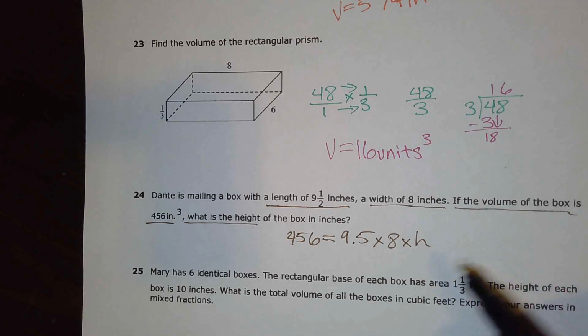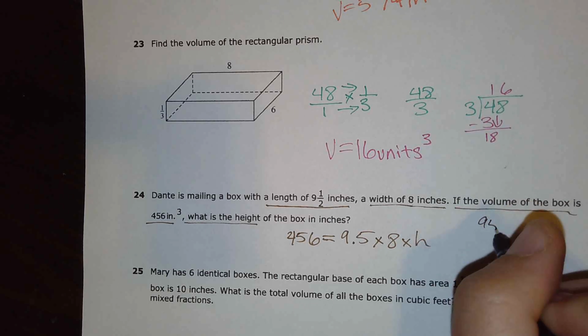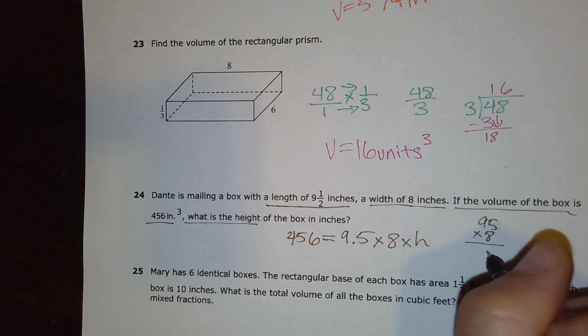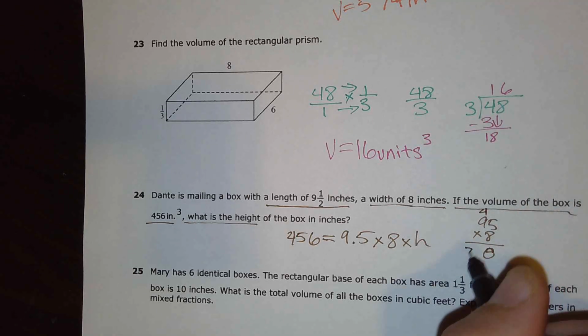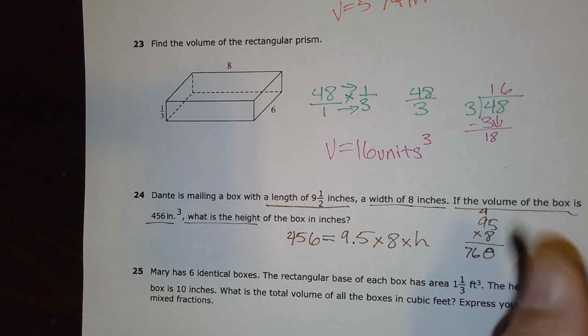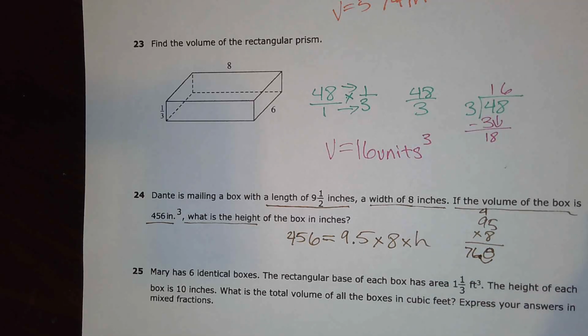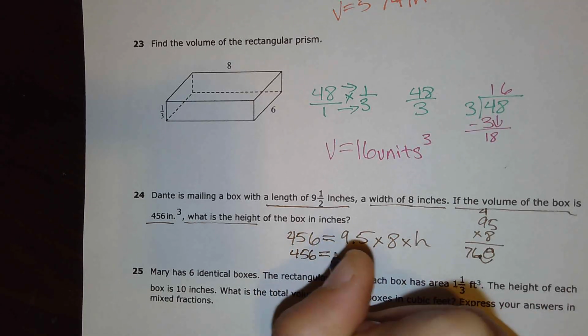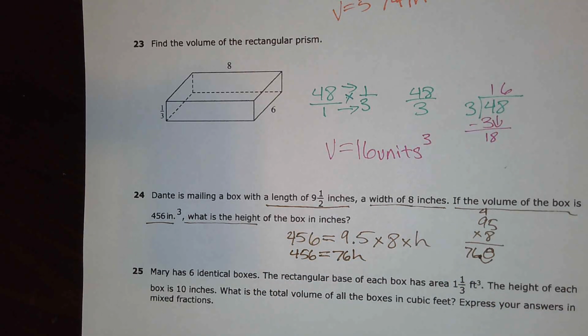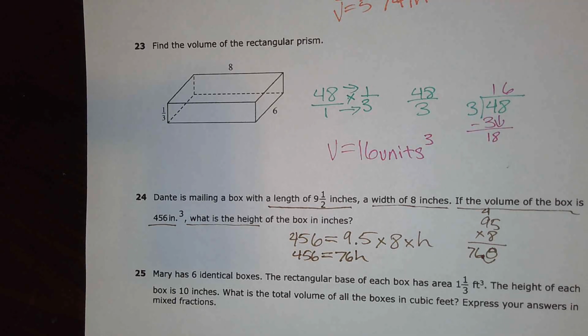Okay, so now we just need to do this, and then let's see what we get. 95 times 8, 40, put the 0 down, carry the 4, 72 plus 4 is 76. Swing the decimal back over, right? Cool. So now what we should have is 456 is equal to 76h, which again, you should be able to recognize as a one-step equation.